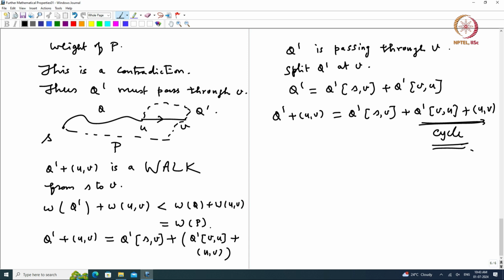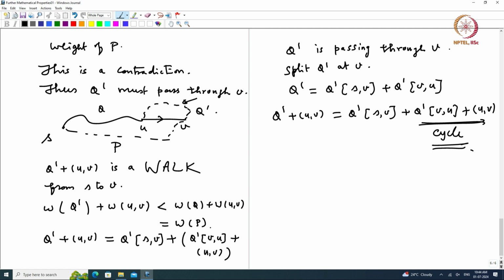This is a cycle. That cycle: q dash from s to u, q dash from v to u and u to v, it completes that cycle.